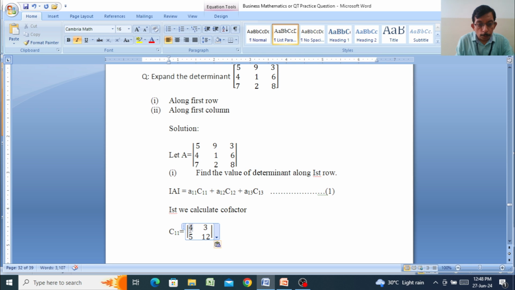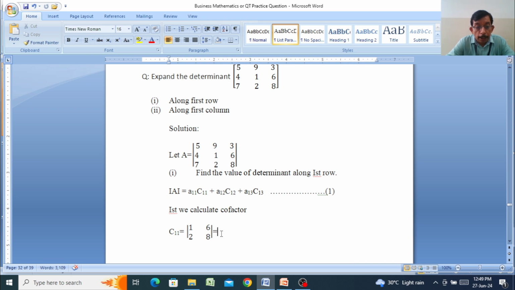C11: the first row and first column cancel out, then the remaining elements are 1, 6, 2, 8. The value of a second order determinant is the difference of the multiplication of the diagonal elements.